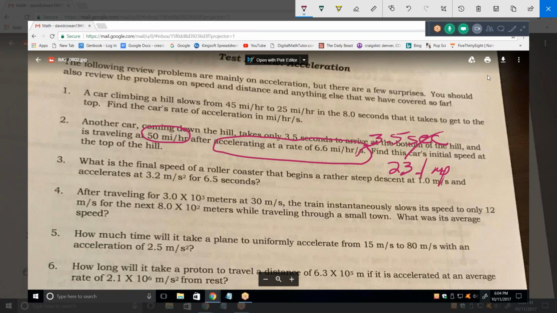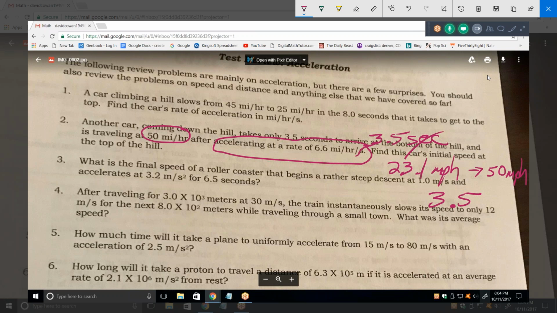I want to make sure that you see that this is the same as problem number 1, only they give you different variables. In problem number 1, we went from 45 to 25 in 8 seconds and calculated acceleration. That's final speed minus initial speed divided by 8.